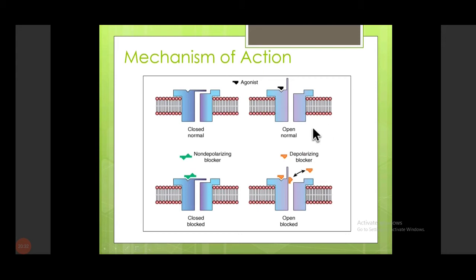This is basic physiology. But whenever we use a non-depolarizing or a depolarizing blocker, the site of binding of the agonist is taken up by the blocker. In case of a non-depolarizing blocker, it simply sits there and obstructs.